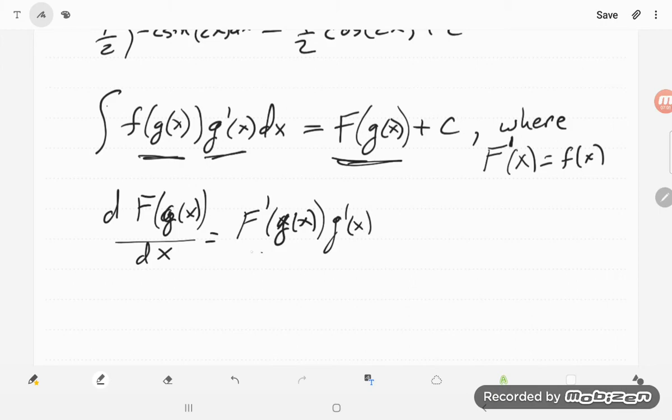And so the antiderivative of this is just our uppercase F of g of x. And so that is what we're trying to get at.